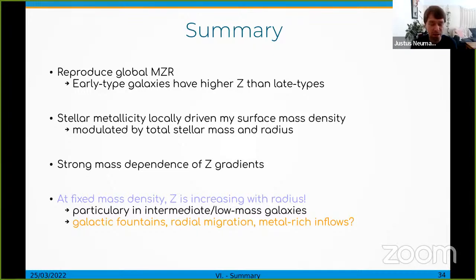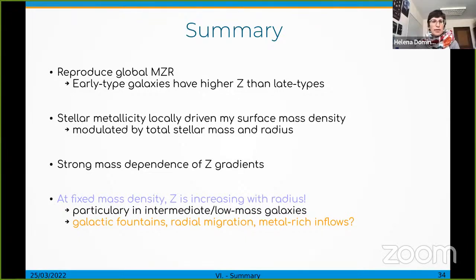In an updated version of the models, there will also be different levels of alpha enrichment, and then we can try to study this in these galaxies as well. So this is definitely planned. Okay, so you'll see alpha element features in the spectra and so on. Yeah. Okay, thank you. Welcome.